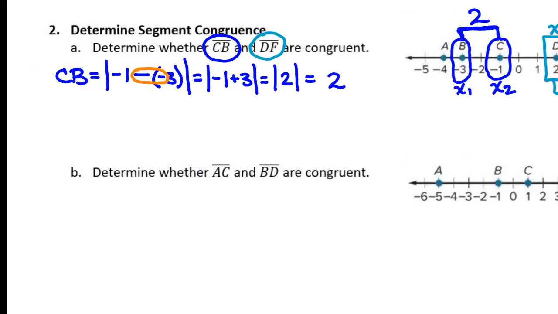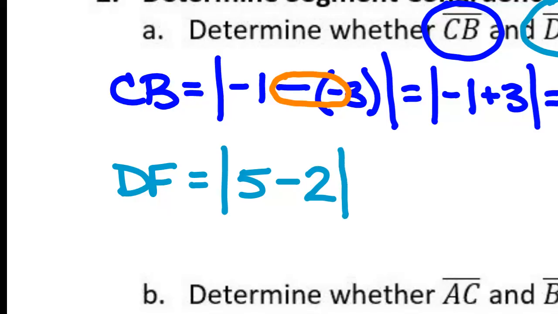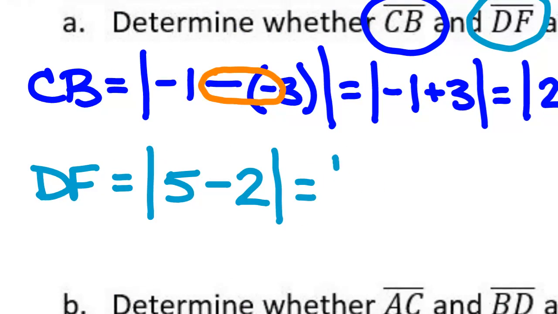Now we need to find the other length from D to F. So we're going to do the absolute value of X2, which is 5, minus X1. X1 is 2, so I have 5 minus 2 inside my absolute value bars. What is 5 minus 2? 3, so I have the absolute value of 3.